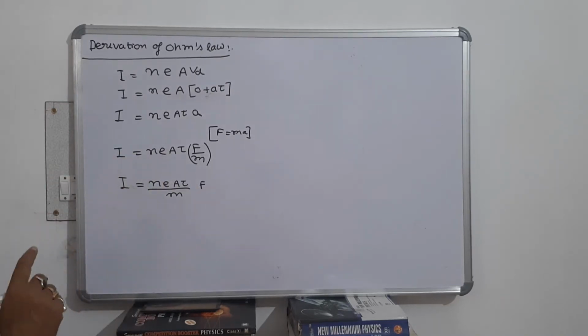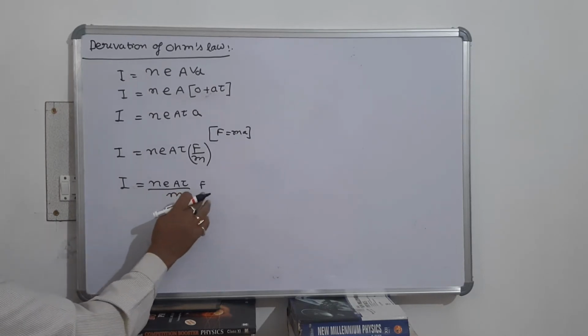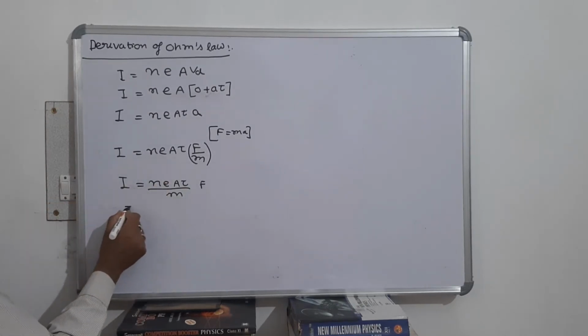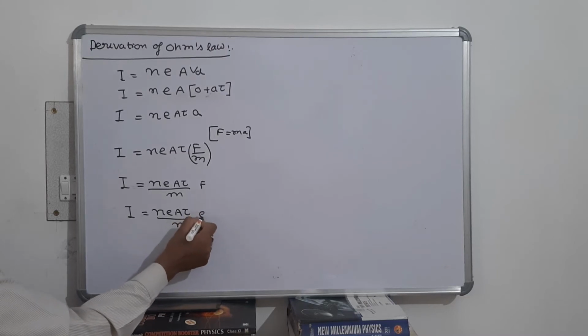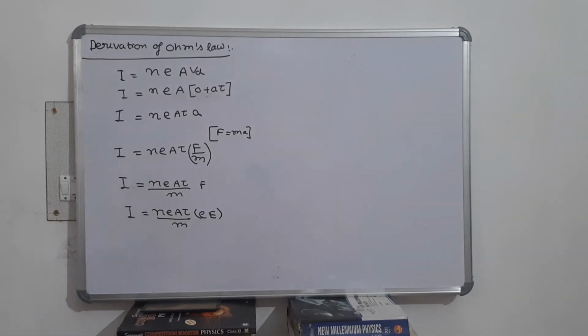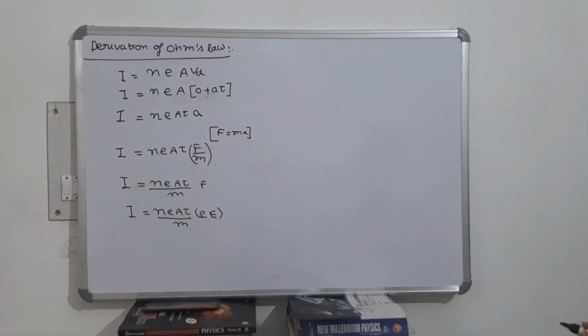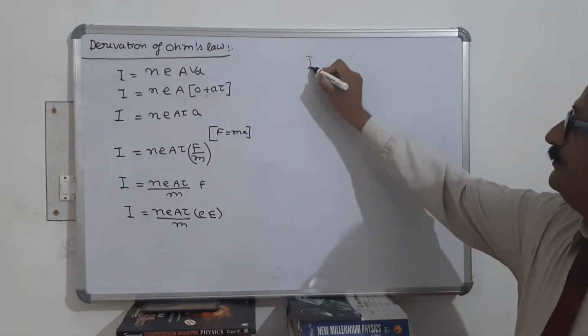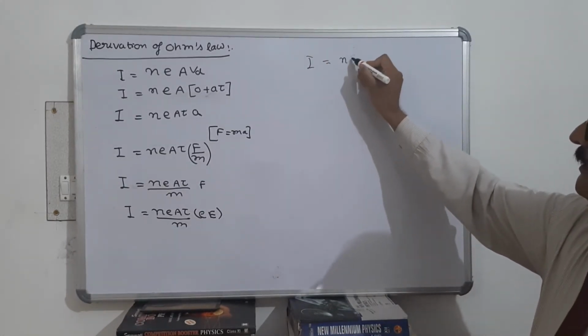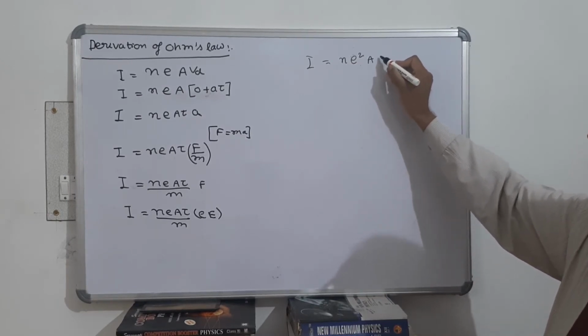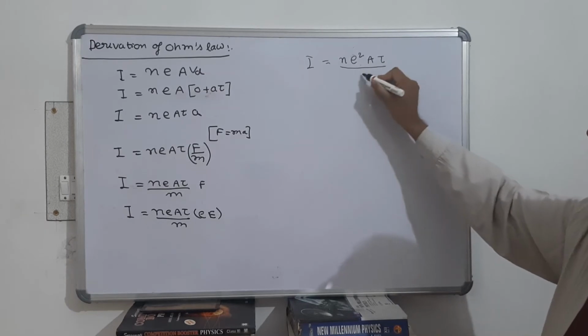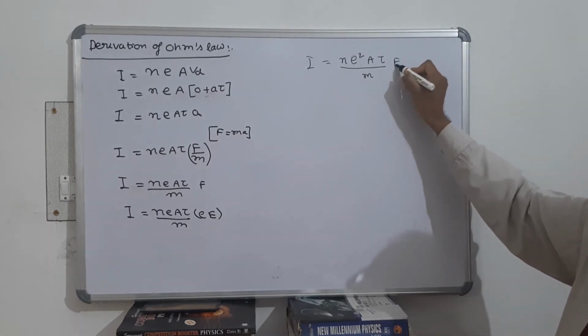Now you know that F is equal to q E. Here the charge of the electron is small e. Therefore, F is equal to e into E. It means I is equal to n e square A tau upon m into E.